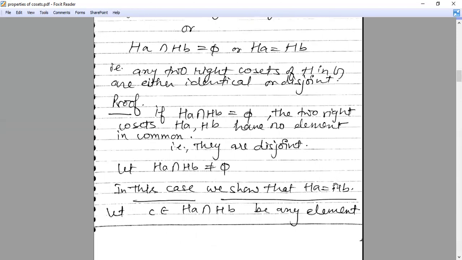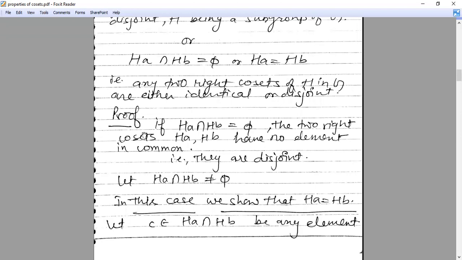So you can see that previous lecture from the channel to know more about that. So let us come back to this result. This result says that if you have any two left cosets of H in G, then either they are same or their intersection is empty. So let us prove it.